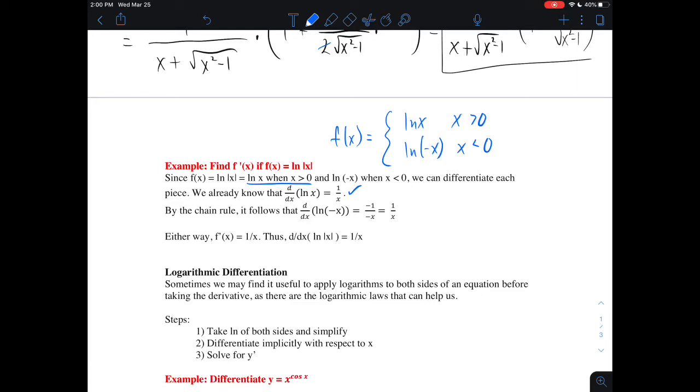So that gives us this first fraction, negative 1 divided by negative x. And then when you simplify that, you get 1 over x. So either way, the derivative is equal to 1 over x. So now we have this fact. The derivative with respect to x of the natural log of the absolute value of x is just 1 over x.